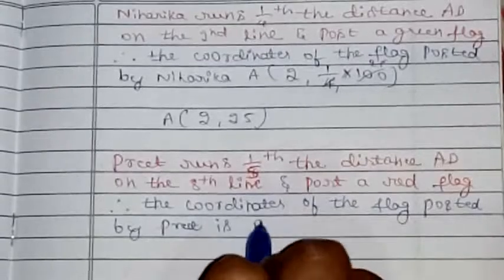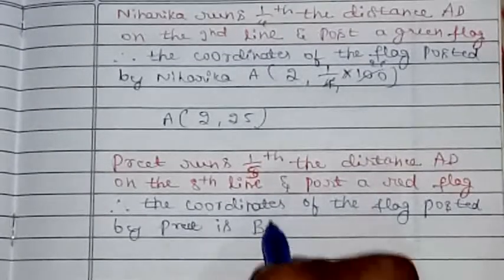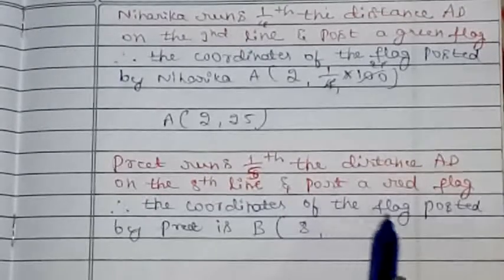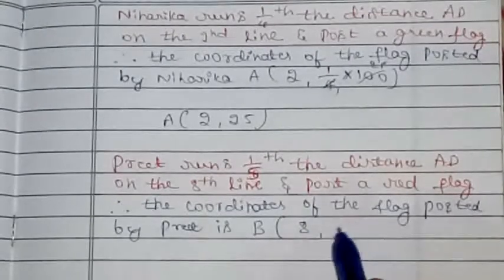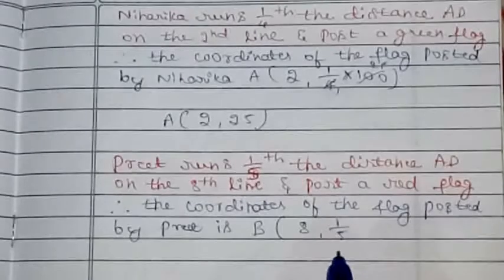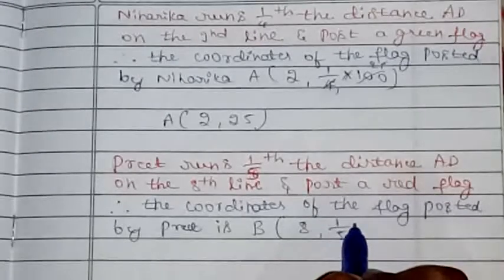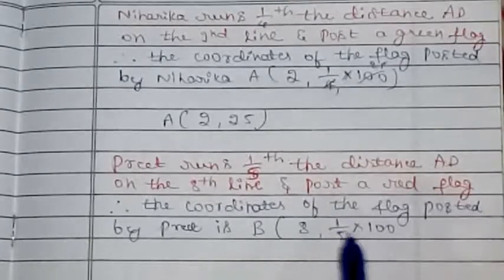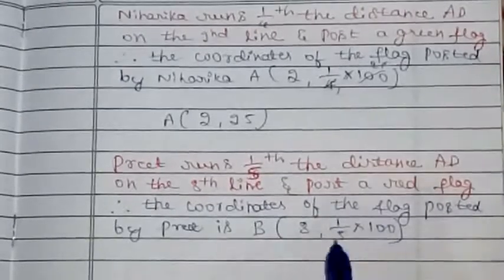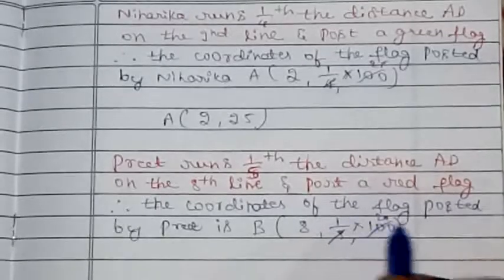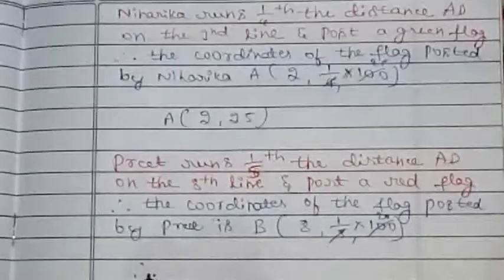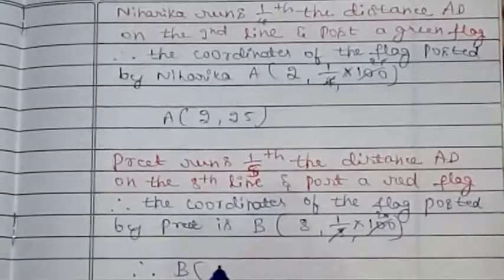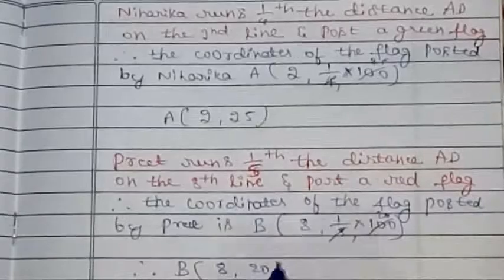Let me take another alphabet, B of, now she is in the 8th line, comma, now she ran 1 by 5th of the distance of AD. What is the total distance of AD? It is 100. So therefore 1 by 5th into 100. Now make a cross multiply. 5 ones are 5, 20s are. So B of 8 comma 20 is the coordinates, right?